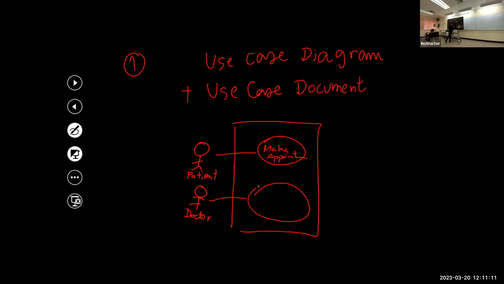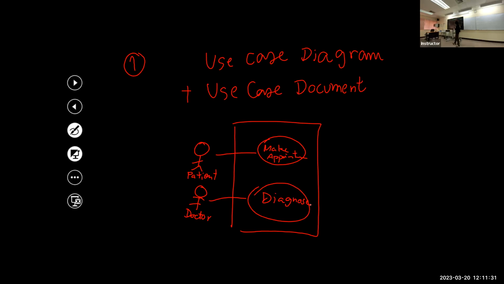A doctor would diagnose and so on. This is just an example. It may not be the correct use case for your project. I'm just making up something based on what I understood.